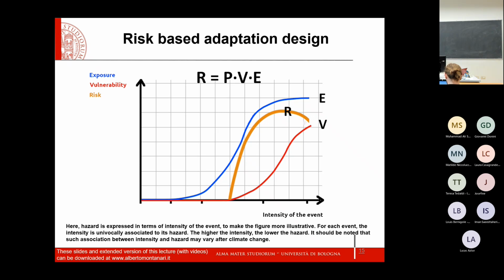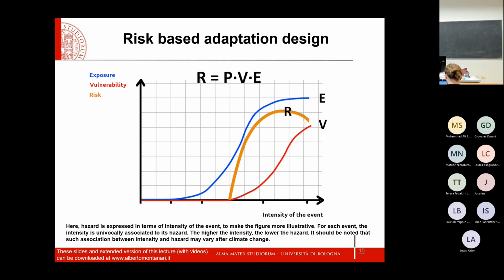Of course, this is case study dependent. The fact that vulnerability is 0 up to a certain threshold depends on the case study. So you have to make a vulnerability assessment with engineering methods to understand how actually the red curve behaves. But let's suppose that up to a certain threshold, vulnerability is 0.